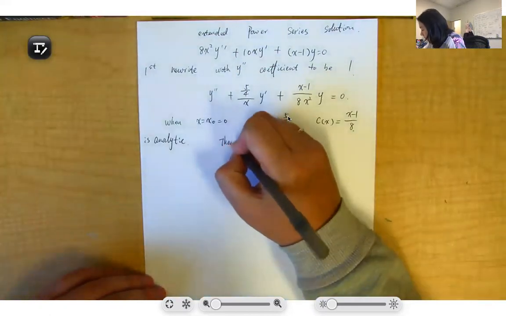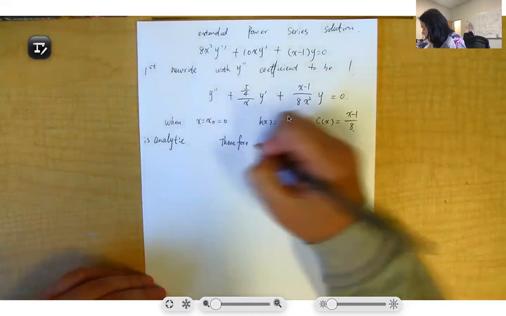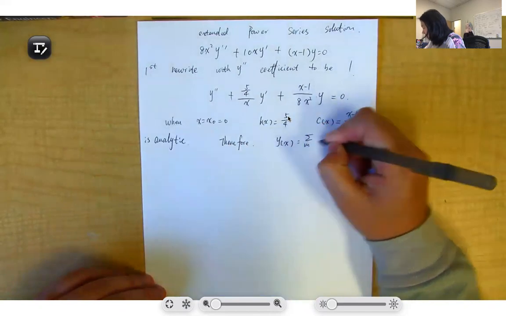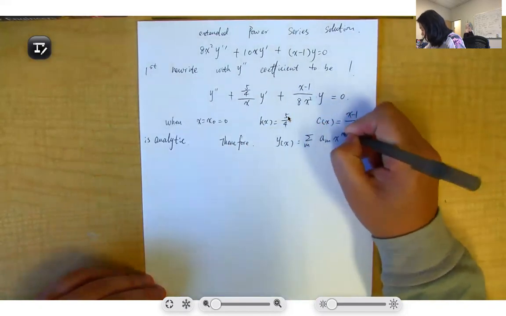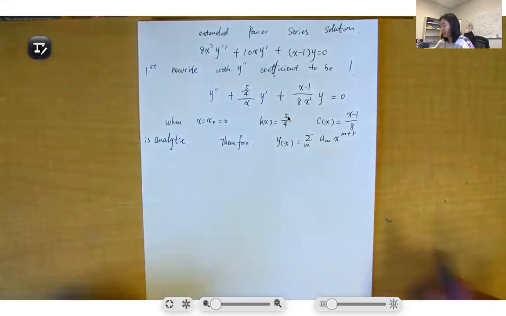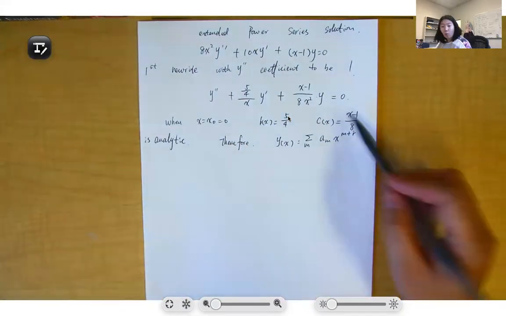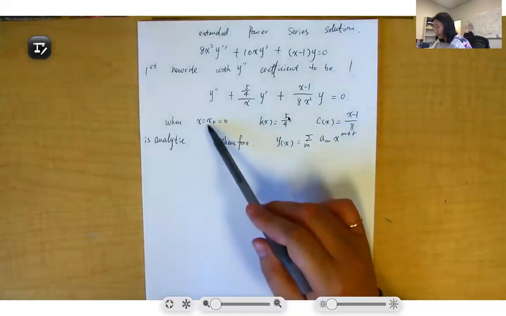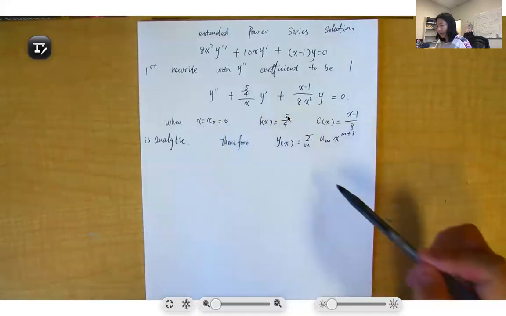Therefore, our solution will be the sum of a_m x to the m plus r term. So this is the extended form, because b(x) and c(x) at x naught equals 0 are analytic.